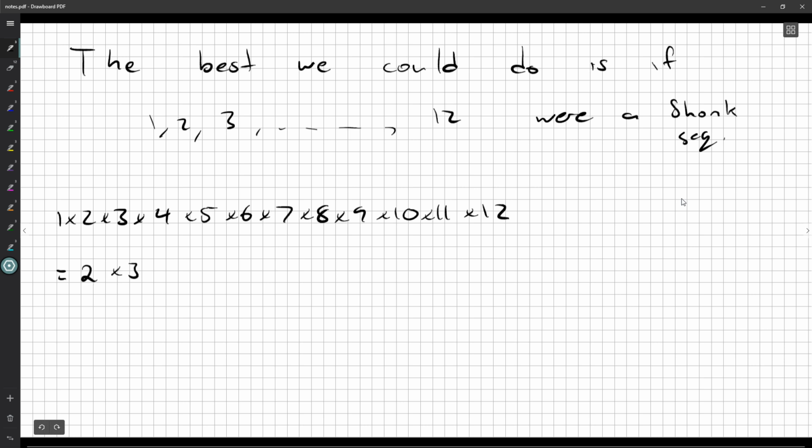I'm going to ignore the 1. Six becomes 2 times 3. 8 is 2 to the 3. 9 is 3 to the 2. A 2, a 5, an 11, and a 12 is 2 to the 3 times 3.